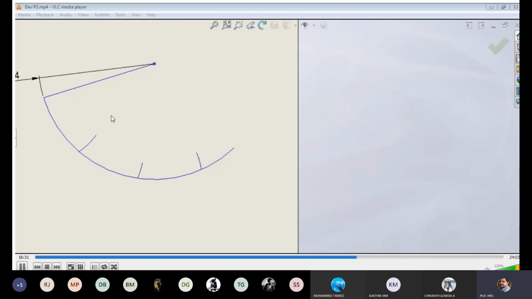So totally there are 4 base edges in the square. So you have to get 4 points, 1, 2, 3 and 4 on this arc. So you have to extend this arc.